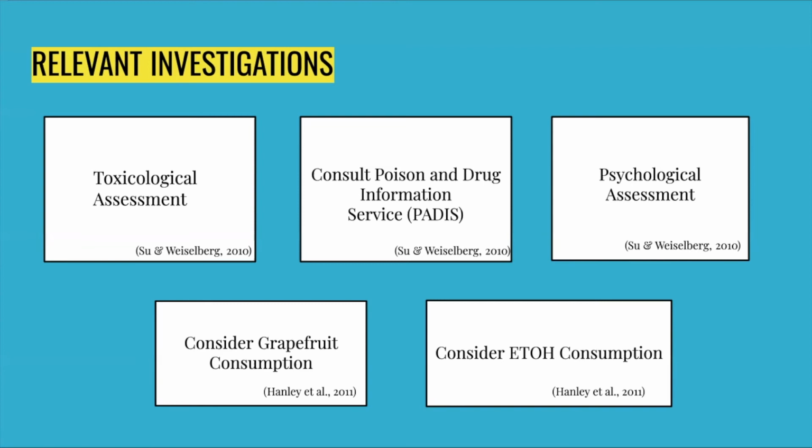This is because verapamil goes through extensive first-pass metabolism, and only 20 to 35% of the drug actually reaches systemic circulation. If grapefruit inhibits this enzyme and inhibits the metabolism of verapamil, that means there's going to be a huge increase in our verapamil serum levels, and a lot more verapamil reaching systemic circulation, making it easier to overdose. We also want to consider ETOH consumption, as it does have similar effects to grapefruit juice.